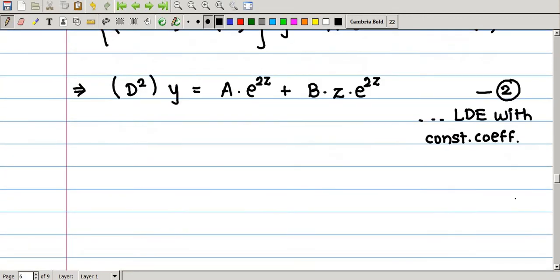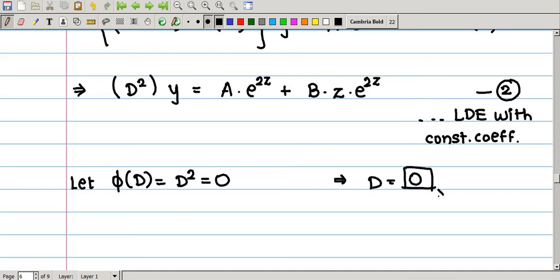Now to find the general solution, we consider the auxiliary equation. The auxiliary equation of this differential equation is D square equal to 0. This implies our roots are 0, which is real but repeated 2 times. Therefore the complementary function in terms of z is equal to c1 plus c2 z into e raised to 0z.